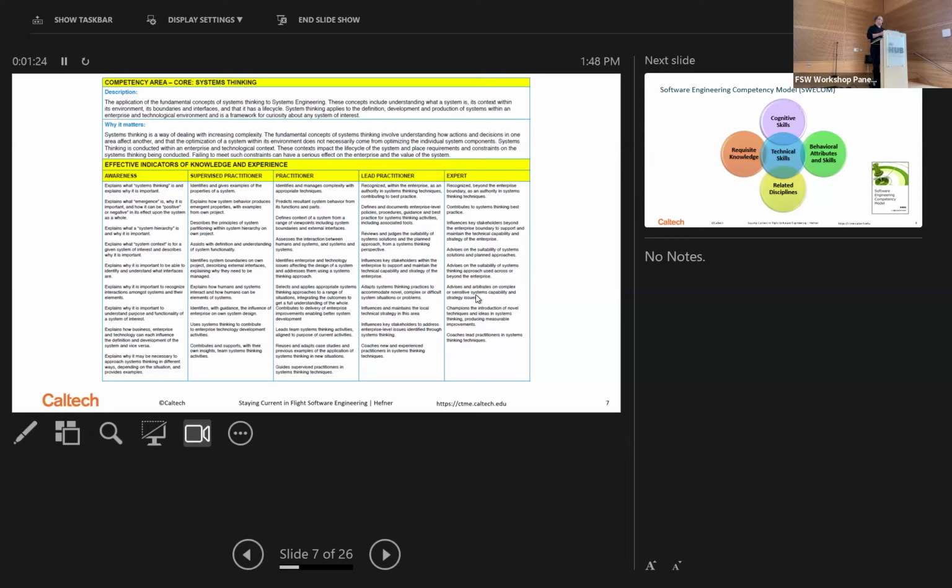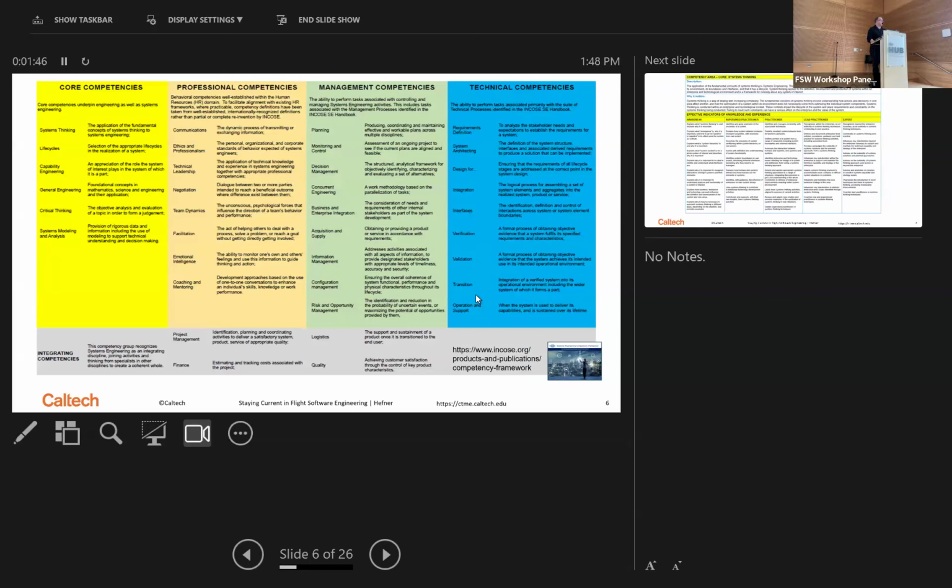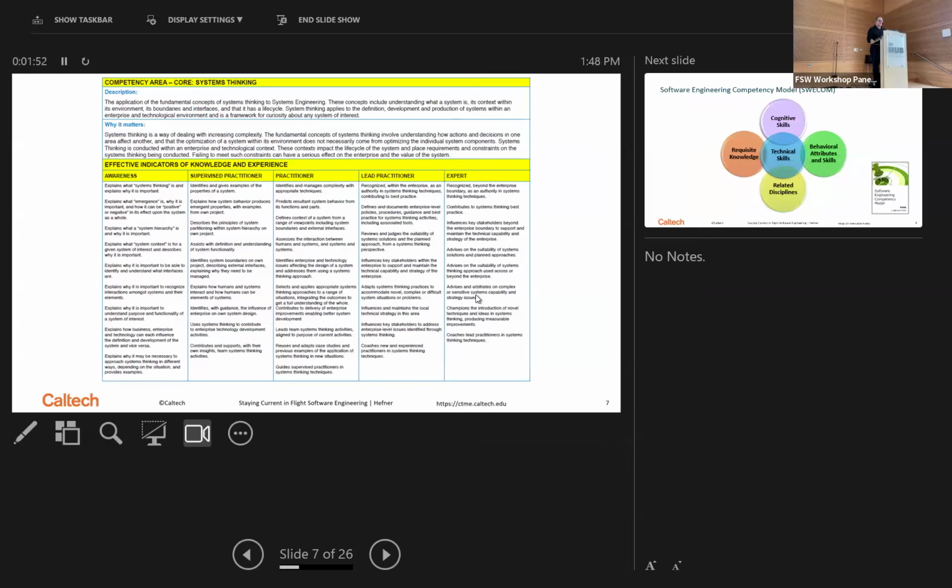A practitioner can work without a lot of supervision. A lead practitioner can not only work without supervision but could probably supervise others. Or you're an expert, which means you're at these kinds of conferences presenting these ideas. Looking at an area like this, not every engineer would need to be competent in every particular area. So partly this is looking at your own skill set and comparing it.